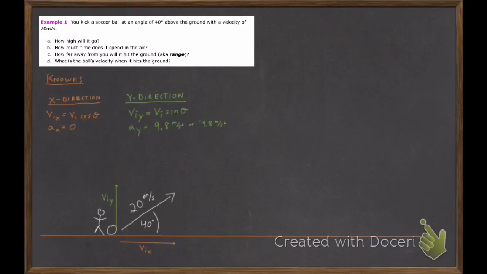The reason why we have to use 9.8 and negative 9.8, or at least know that we may have to use both of them, is depending on what we're going to choose as our positive direction. Is up going to be positive or is down going to be positive? We'll go over when to use 9.8 or negative 9.8 when we are doing this problem. But for our knowns, let's put down both. That the acceleration could be 9.8 or it could be negative 9.8.